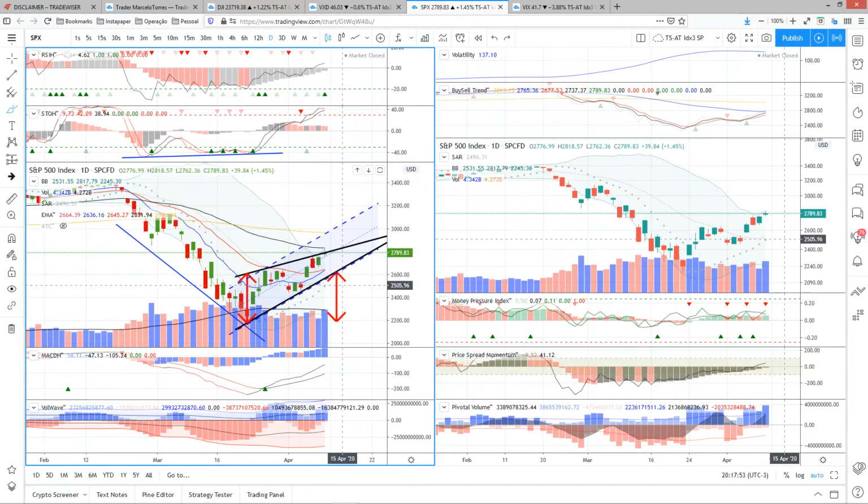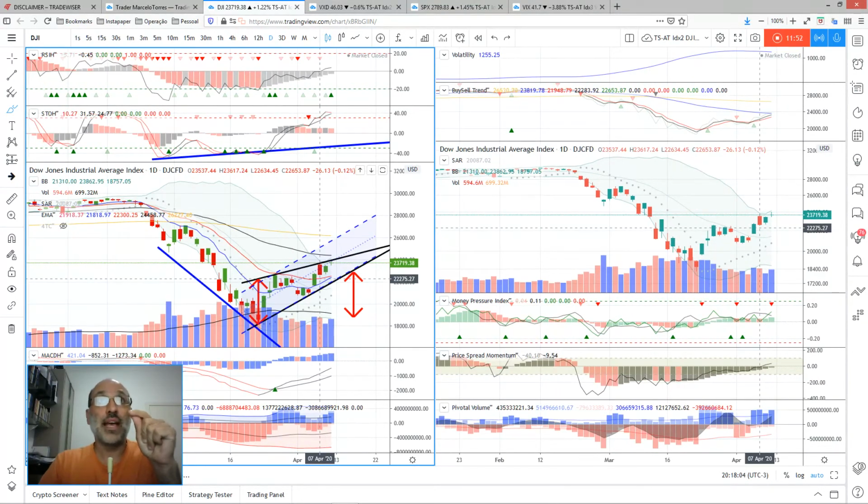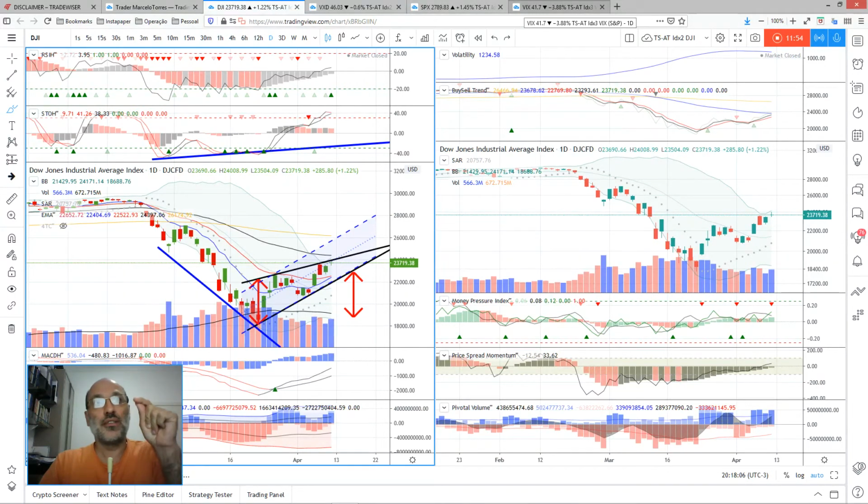We see that in the very close future, we should see the S&P going down, which means its VIX volatility index will go up. Okay, and the further up one of these two or both index go, the harder is the downtrend that these index are gonna follow.